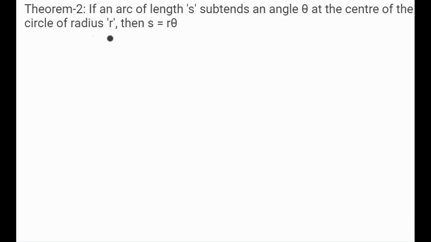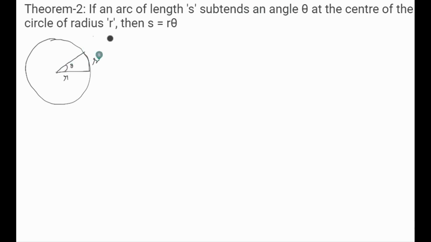Let us consider a circle of radius r, and it subtends an angle theta radians, and the length of this arc is s.